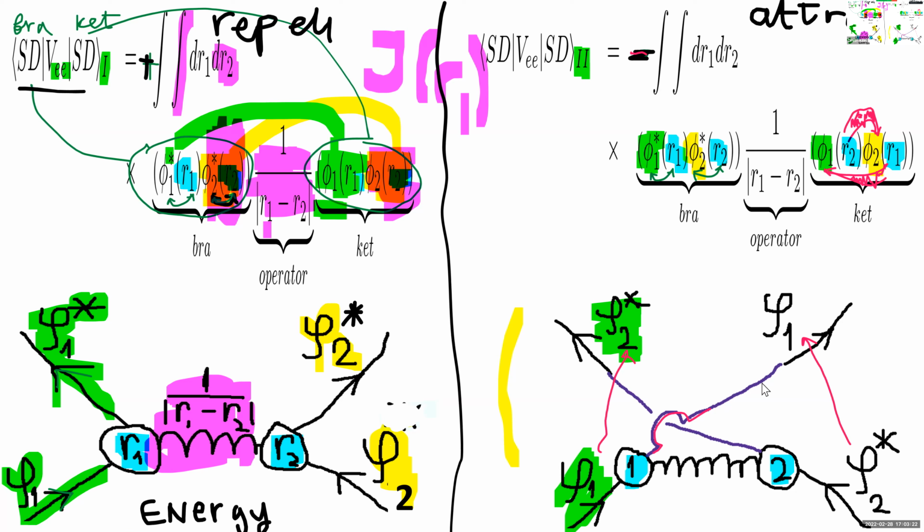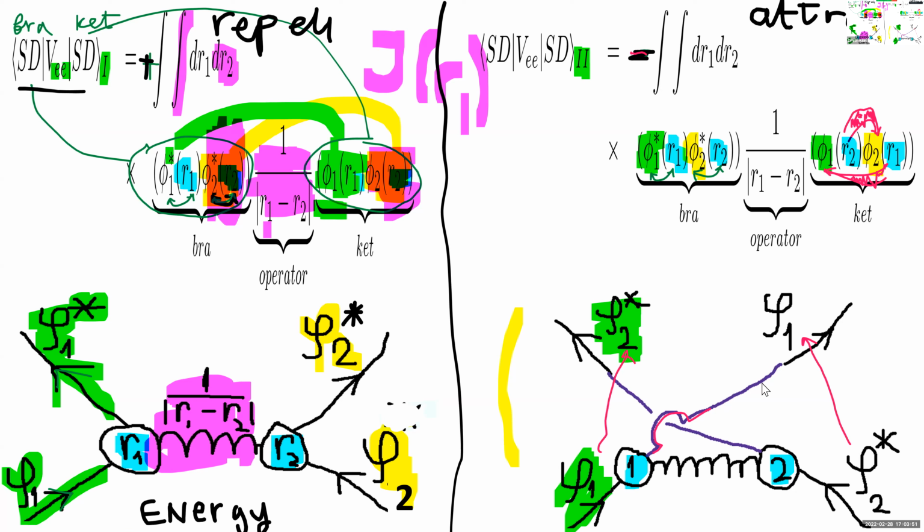Then there is a purple wavy line, which corresponds to Coulomb interaction, which in Feynman's world means there is a stream of virtual photons that go forward and backwards and are responsible for this interaction. It is the Coulomb interaction, 1 over the absolute value of R1 minus R2.